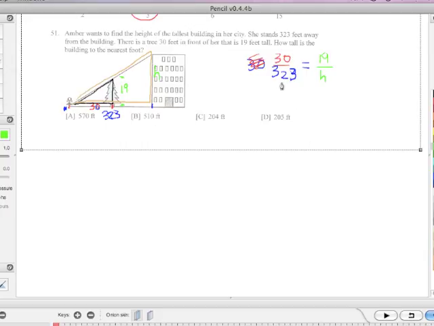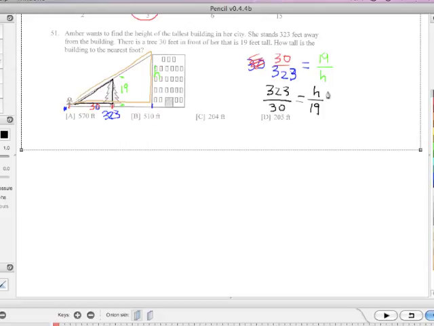Well, let's just do some algebra here. Let's flip both sides. H over 19 equals 323 over 30.